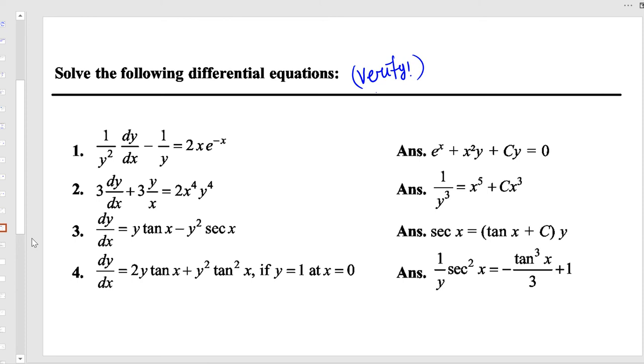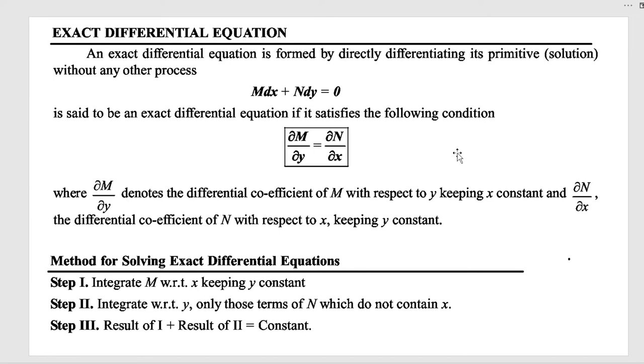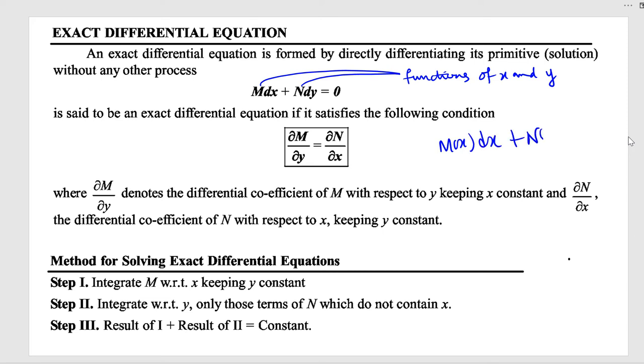Now there is another concept called exact differential equation. Whenever we have M dx plus N dy, and these are functions of x and y, it is not like Mx dx plus Ny dy.